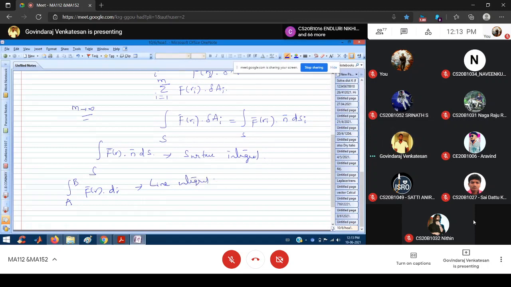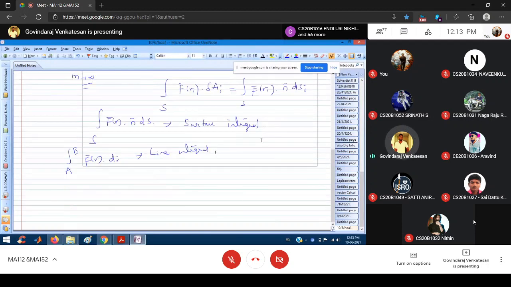Okay. So I will give you one simple example on this surface integral, so hopefully you can understand a little better.